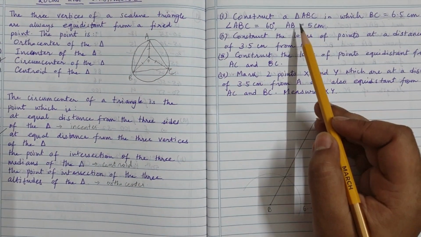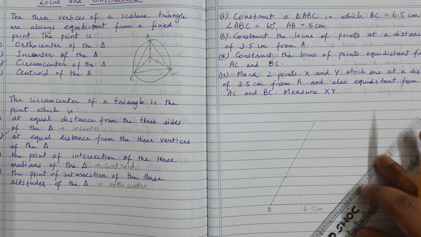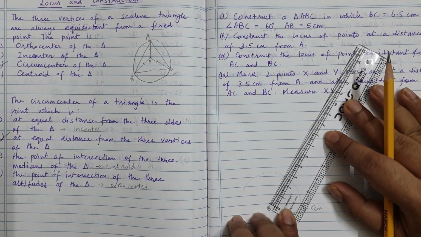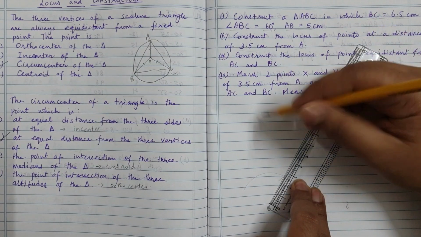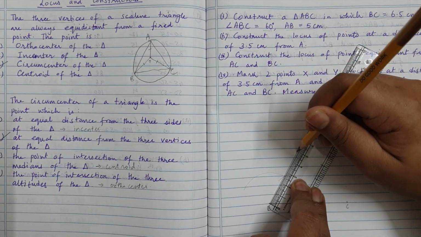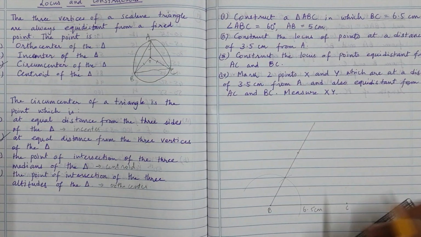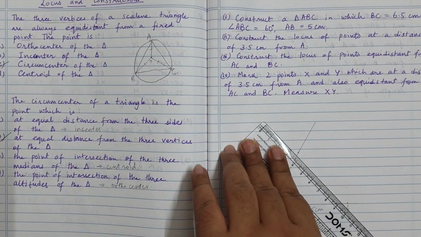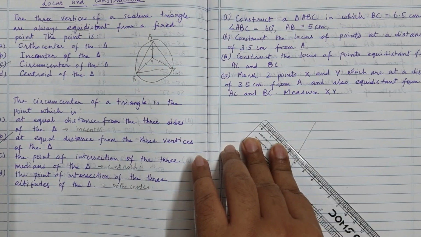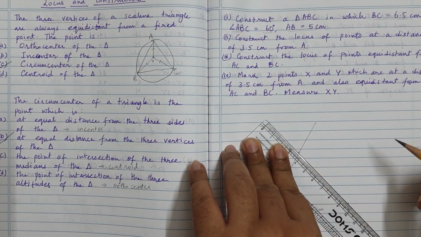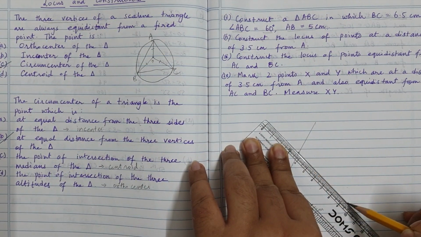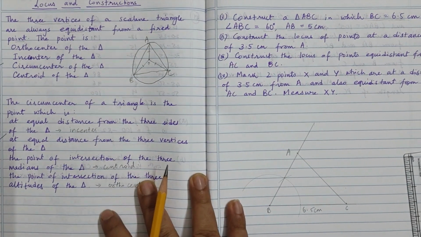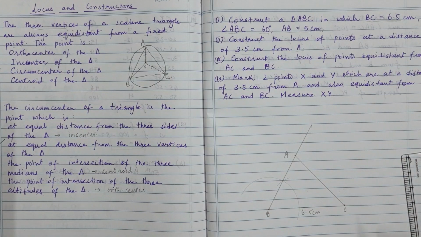Then I need AB 5 centimeter length. So I can take my scale and measure 5 centimeter. So this is point A, and to complete the triangle I have to join AC. Okay, so first part is done to construct triangle ABC.